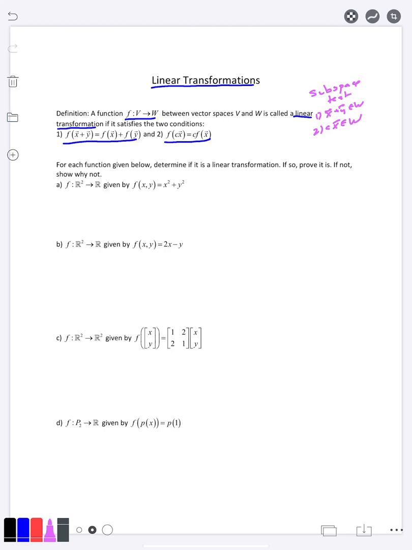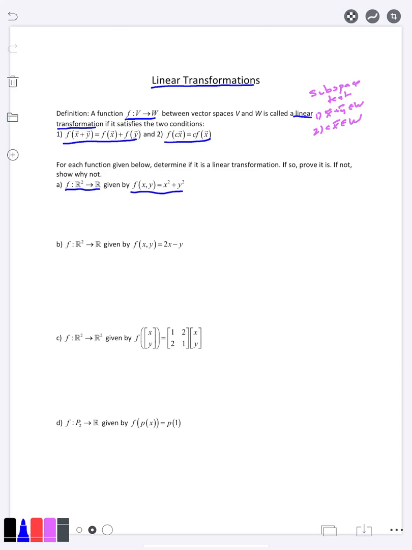Now let's look at a few examples. Let's check whether or not each one of these is going to be a linear function. So this first one takes in a vector (x, y), and it spits out a number, and that number is x squared plus y squared, and we want to check whether or not it is linear. So we would check whether these two properties hold.